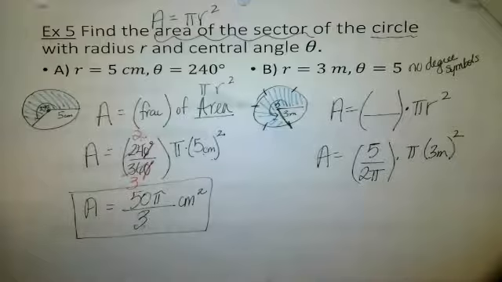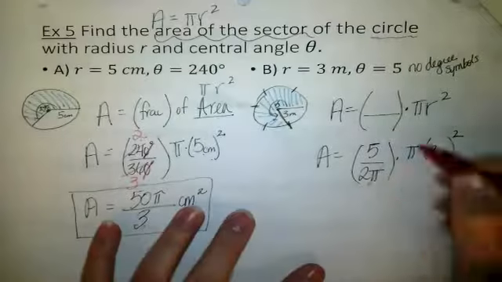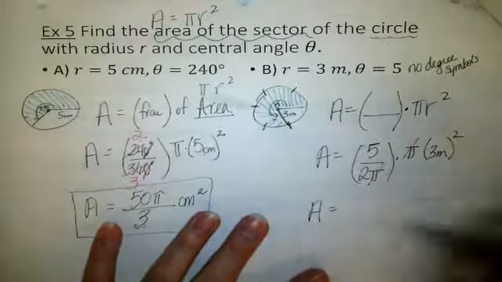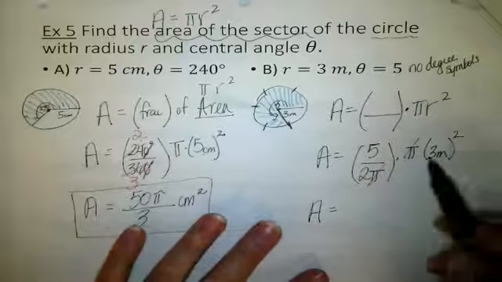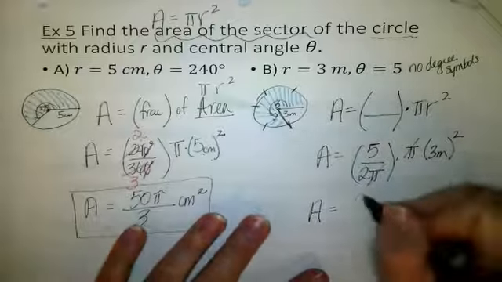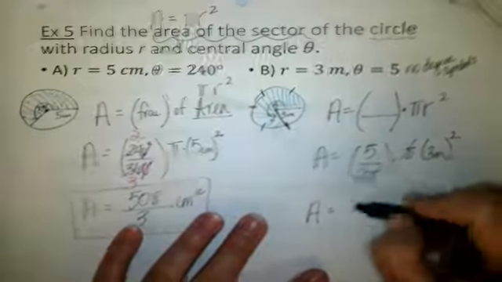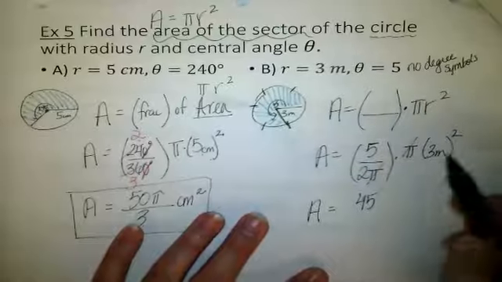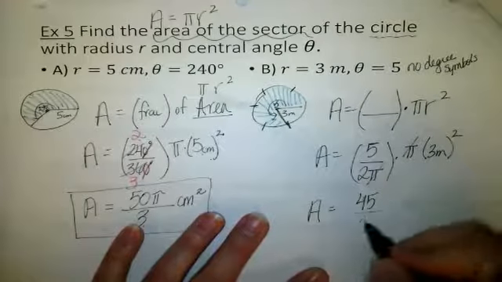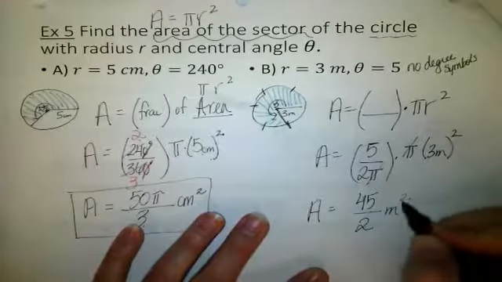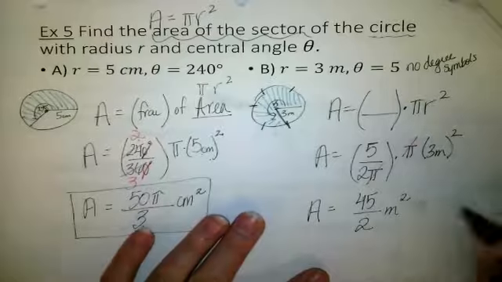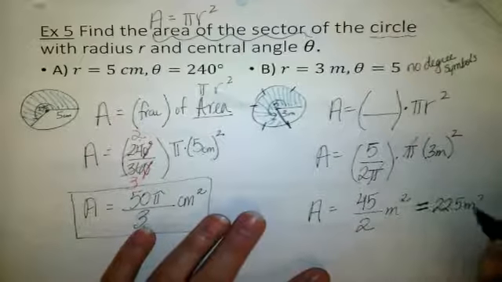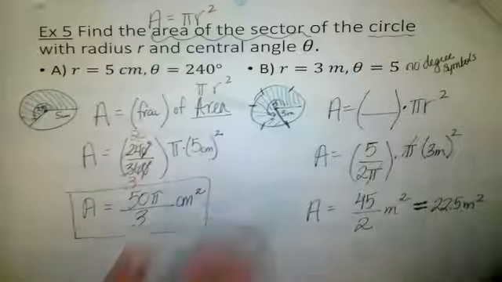What cancels? The pi on top and the pi on bottom reduce. Good. And what's 3 squared? 9 times 5 is 45 on top, with no more pi, over 2 meters squared. And 45 over 2 is exactly 22.5 square meters. Kind of nice.